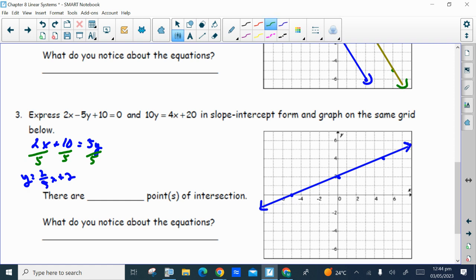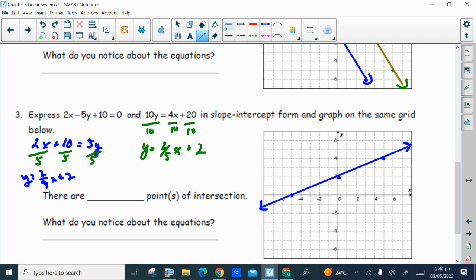Our second line, we would just have to divide everything by 10. It's already got the y term by itself and it's positive. So that'll be y equals 4 over 10, which reduces to 2 over 5x plus 10 into 20 is 2. They are the same equation. When you put them in slope-intercept form, they are the same equation.